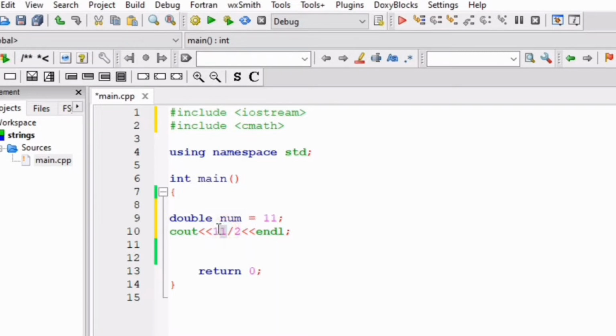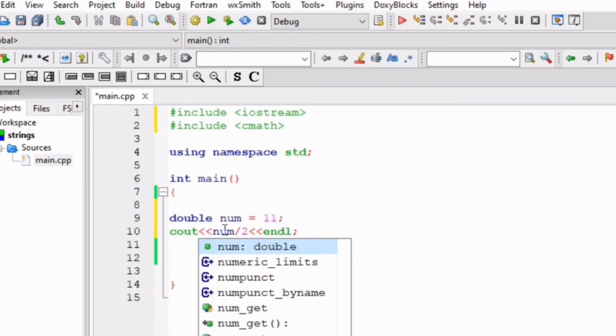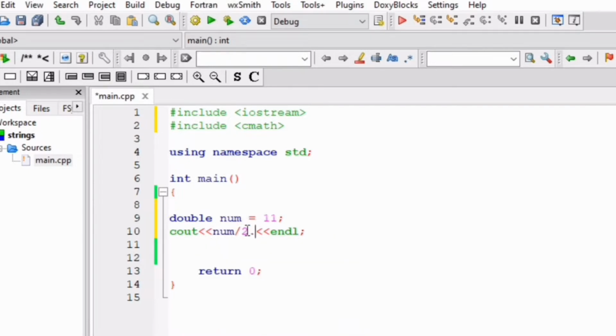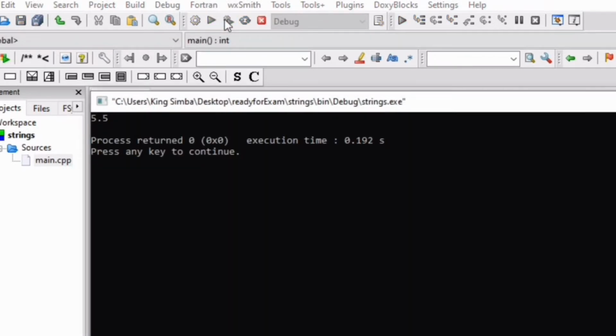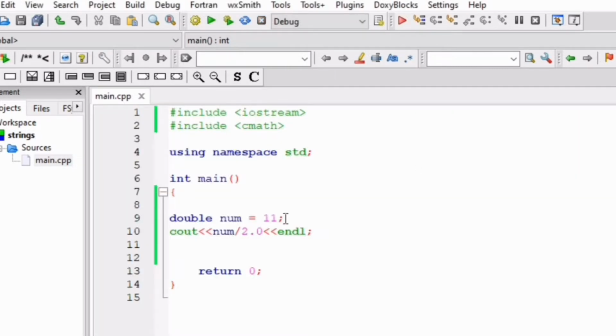The num is equal to 11. Let's change here. Put num. So our number is equal to 11 divided by 2.0. Let's run the program. As you can see, our answer is 5.5. Now this is the correct answer. So as you can see, it is not always the case to use integers.